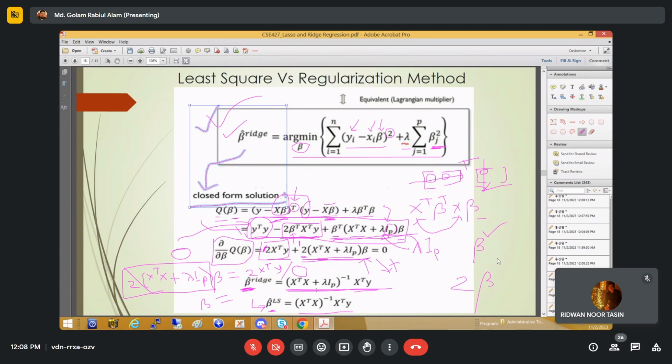We see x transpose x, but in that case no penalty is there, so no lambda will be there. Then x transpose y. So this will be the equation we use to find the beta values, or slope values, for the least square method.